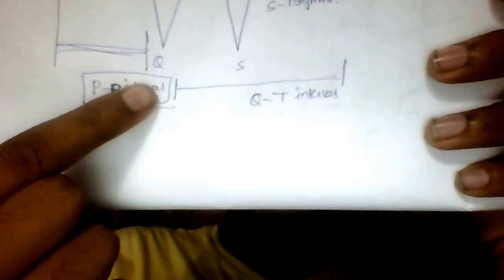Okay, then we'll go through the intervals. Intervals are present from the onset of one wave to the onset of the next wave, like that. We have these intervals: the PA interval, the PR interval, the QT interval, and one more, the RR interval.